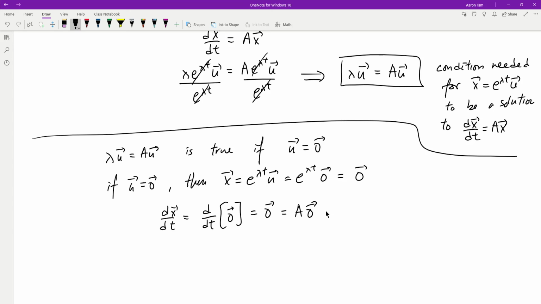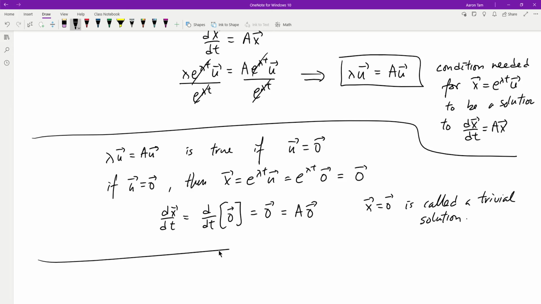So in this case, the solution vector x equal to 0 vector is called a trivial solution, meaning that it always works, and it doesn't really give us anything. Because we know that it will work regardless. So what happens if u is not 0?